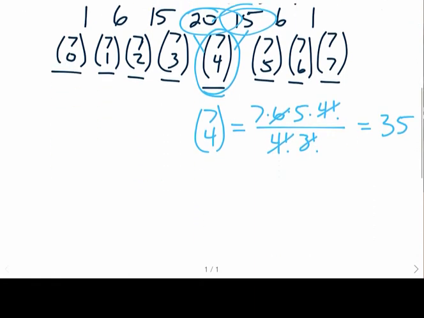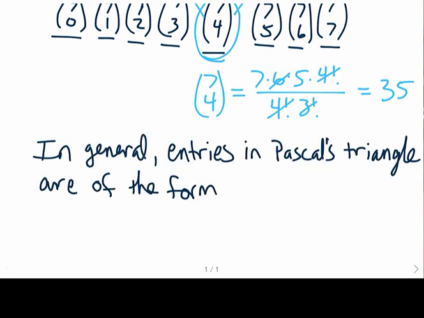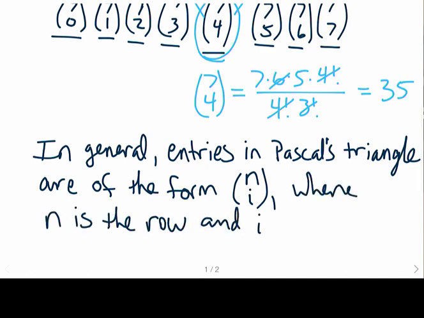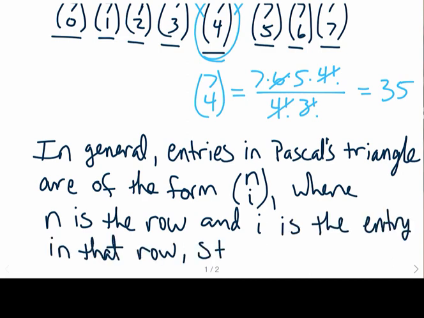I guess we can close up this video by saying that in general, entries in Pascal's triangle are of the form n choose i, where n is the row and i is the entry in that row, starting the counting at 0.